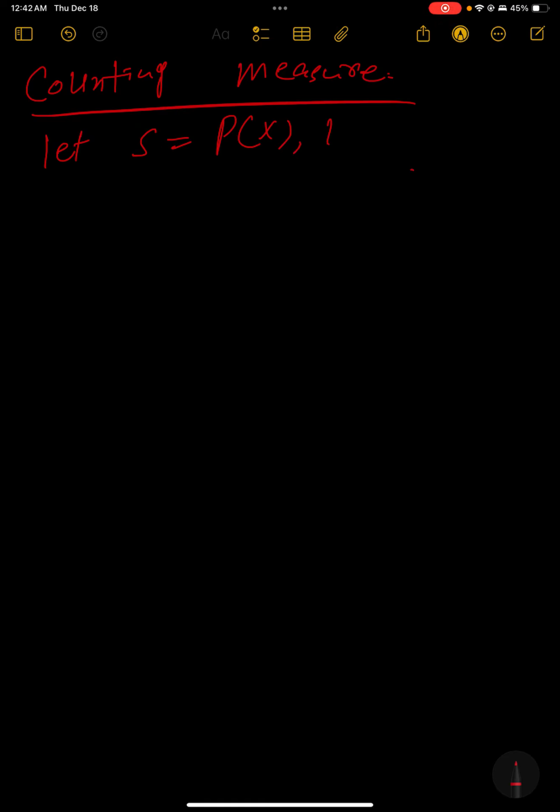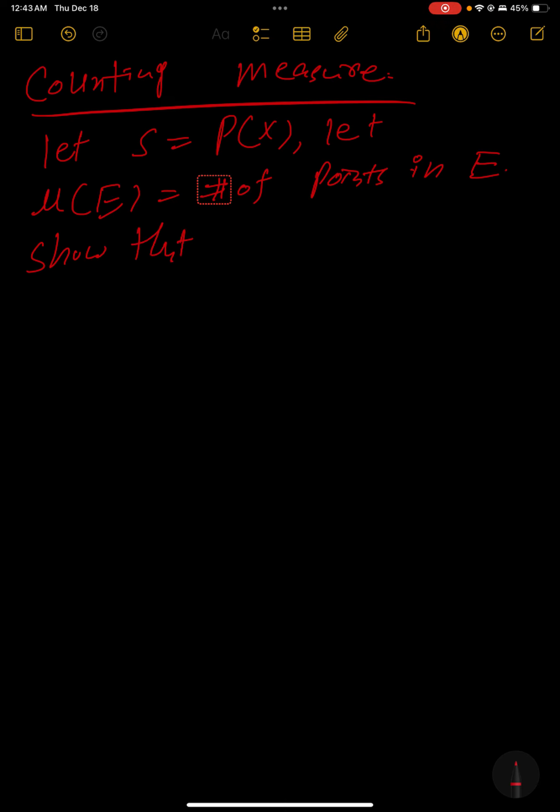Let mu of E be the number of points in E. We need to show that mu is a measure on X, S. So, prove.